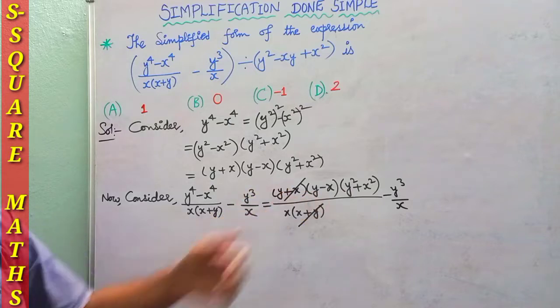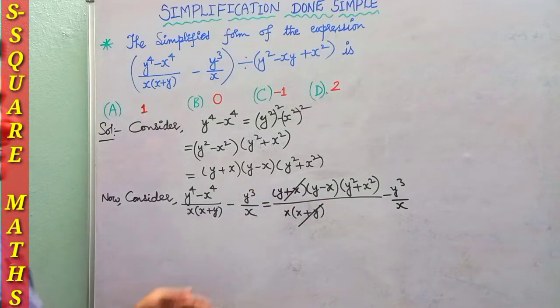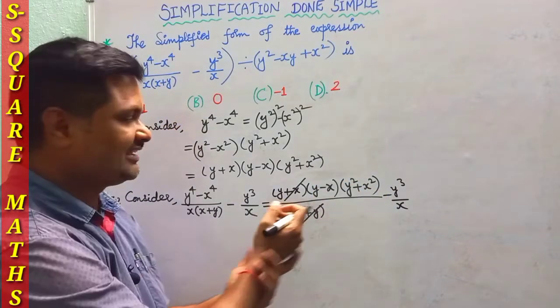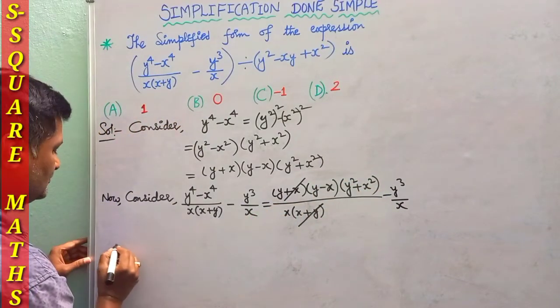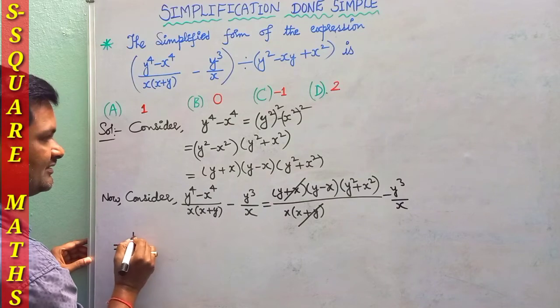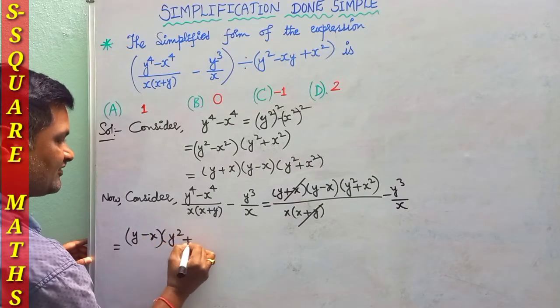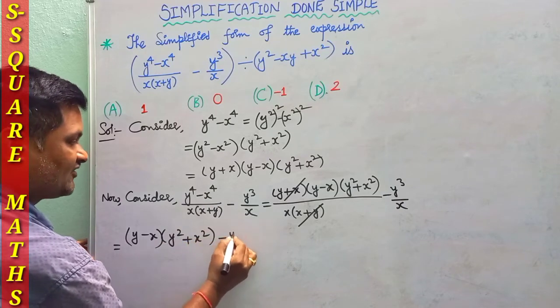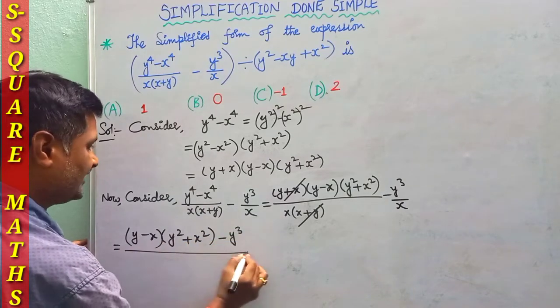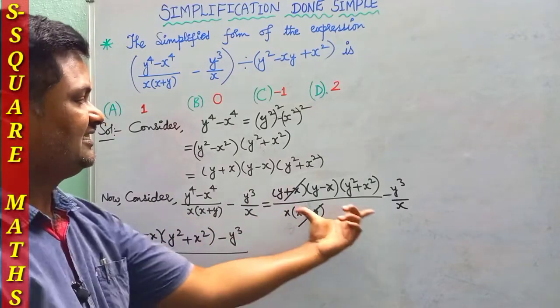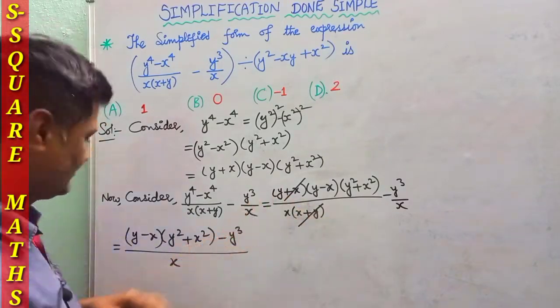The leftover part we are going to simplify. Considering the LCM, that is y minus x into y square plus x square minus y cube by x, and after cancellation x is the LCM.